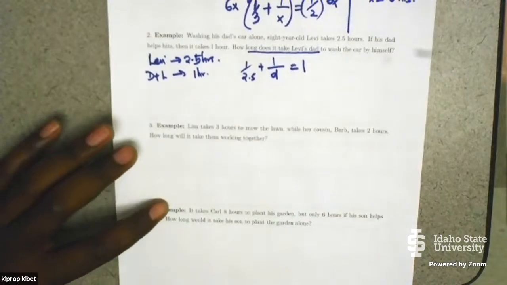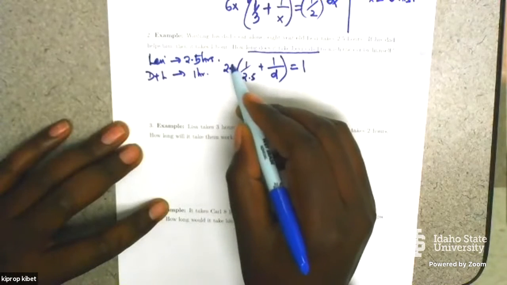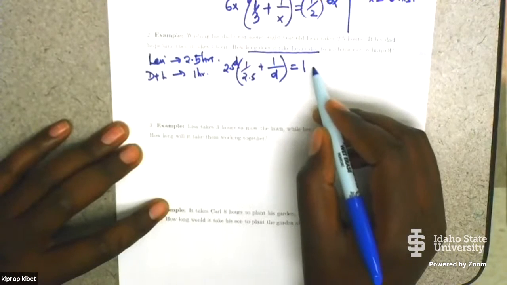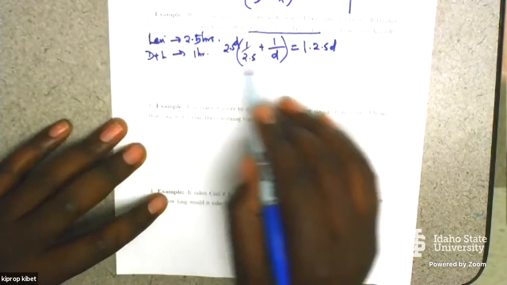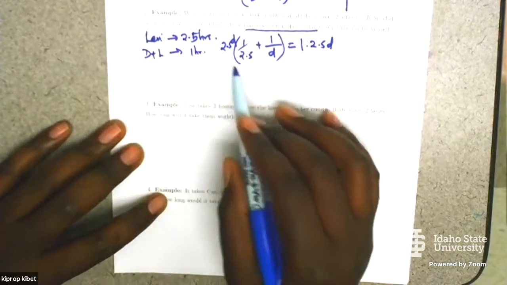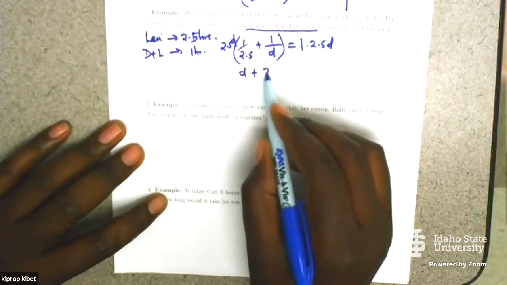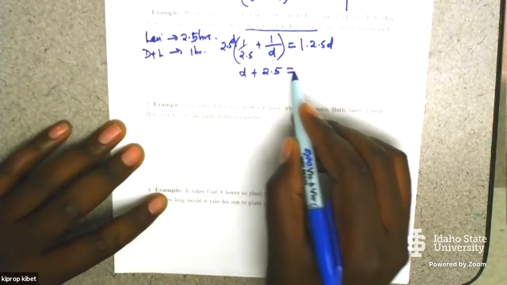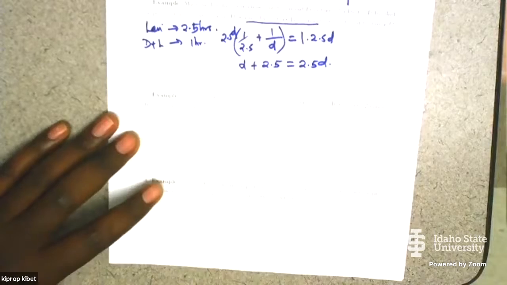So our least common multiple there is 2.5d. When we multiply each one of them by 2.5d, the first one will be d, plus the second one will be 2.5, equals 2.5d.